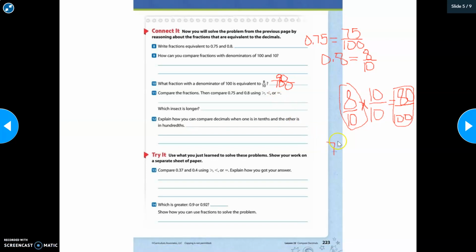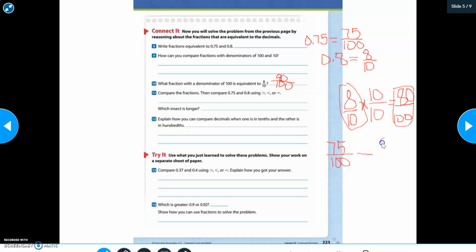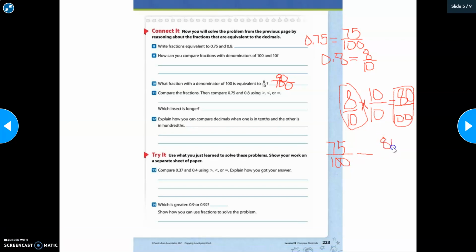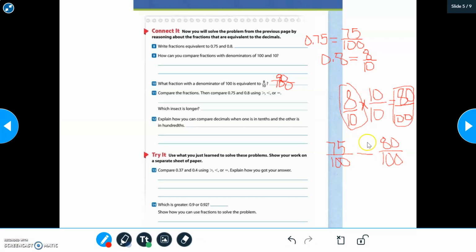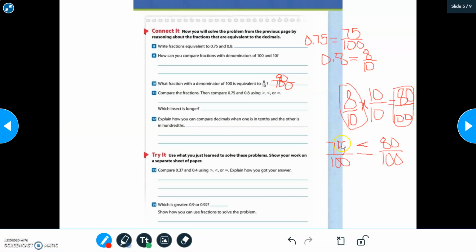So the fractions that we're comparing is 75/100 and we're comparing it to 80/100, because we just made it an equivalent fraction, right? Just so it'd be easier to compare. We know that 75 is less than 80. So that lets us know that 75/100 is less than 80/100.